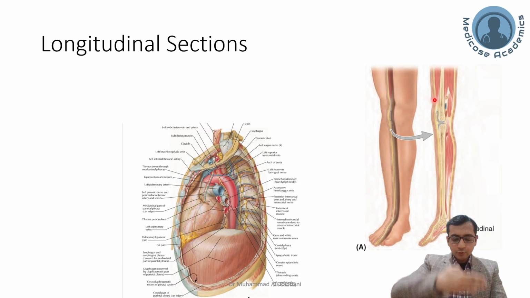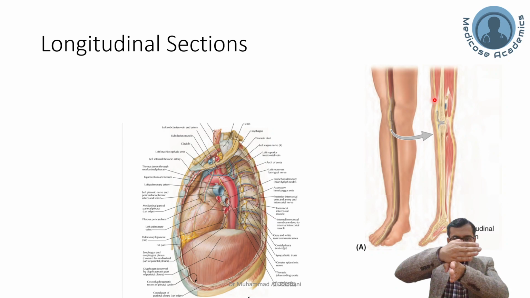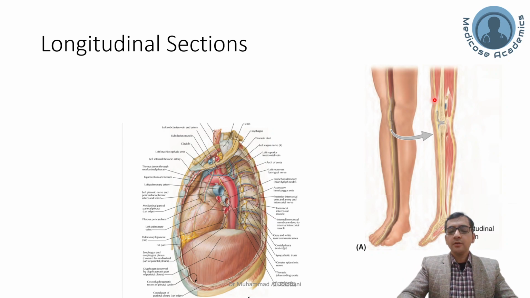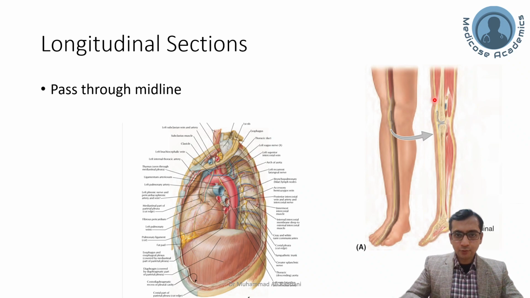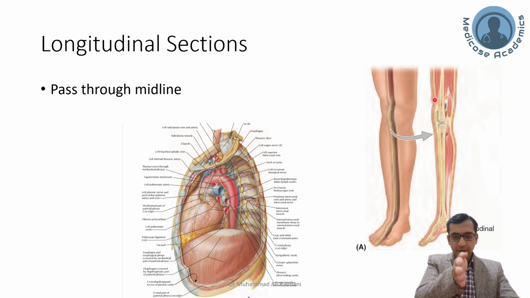So any plane that is going from above downwards, including the sagittal plane, including the frontal plane, or any plane in between them, all of these will be longitudinal sections. They should pass through the vertical axis. They can be sagittal, they can be coronal, and they can be anything between them.